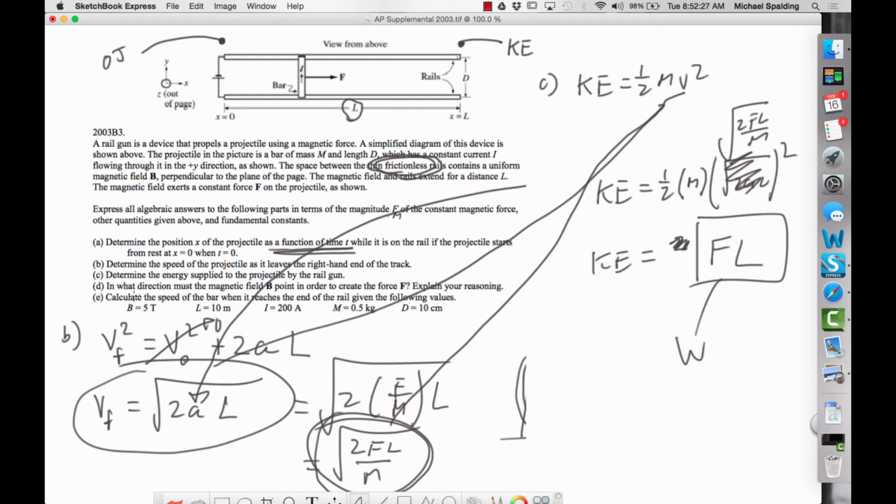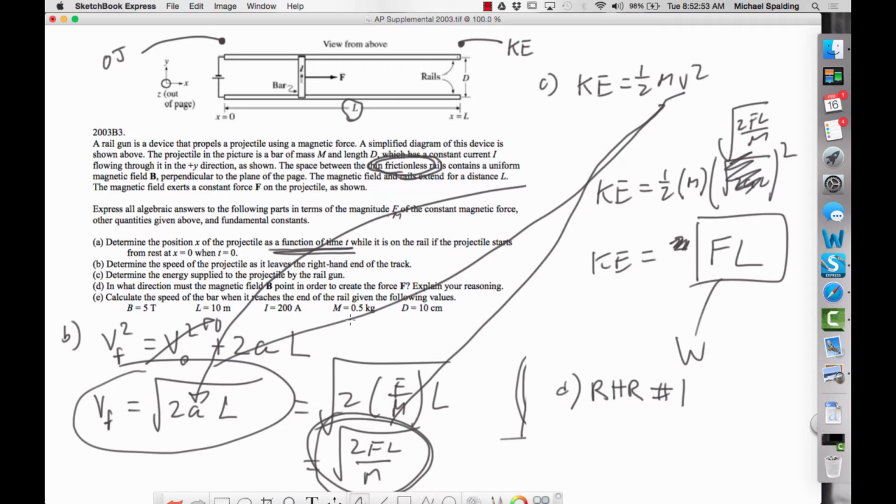Okay, question D. In what direction must the magnetic field point in order to get this force? So this is right-hand rule number 1. If you're given this question on the AP exam, you're going to say, according to right-hand rule number 1, your 4 fingers are the magnetic field, your thumb is the velocity of the charged particle.